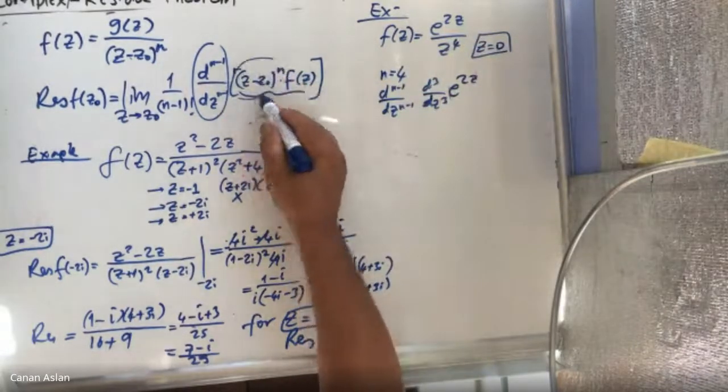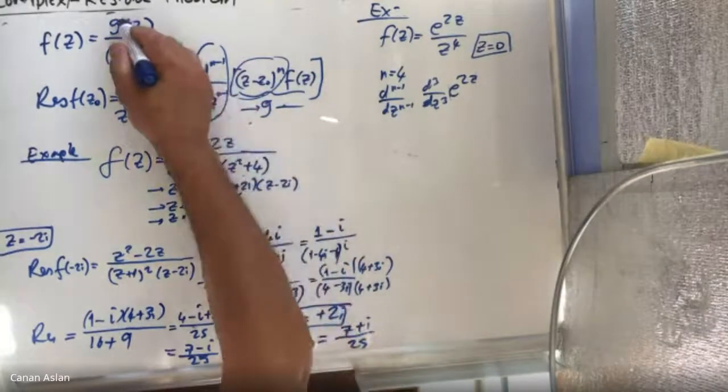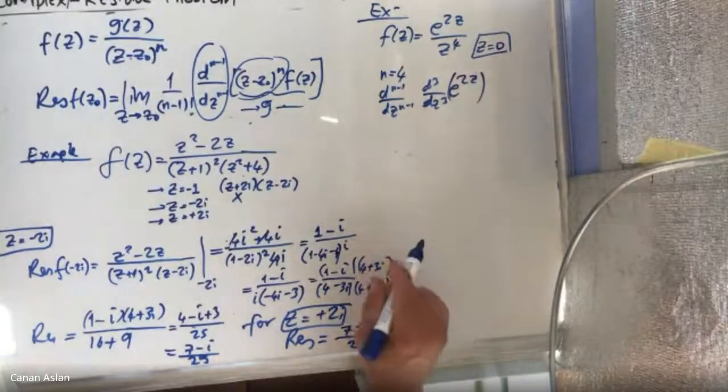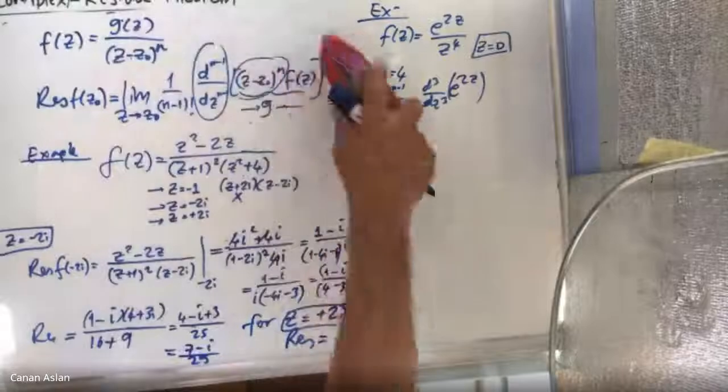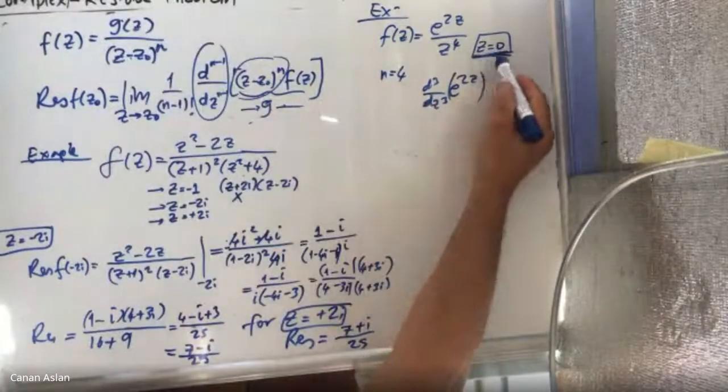Because of this product, and then just g is there. So whatever g is, g is the function on the top. So now we have to take the third derivative of e to the 2z, and get the result by replacing z by 0.